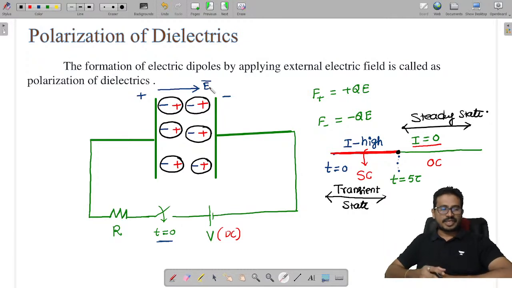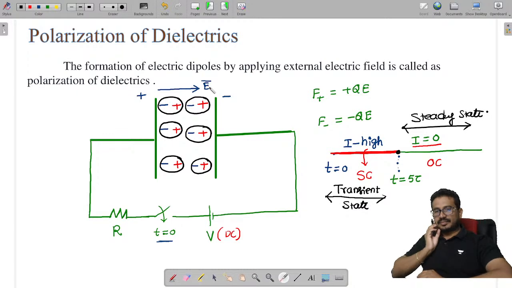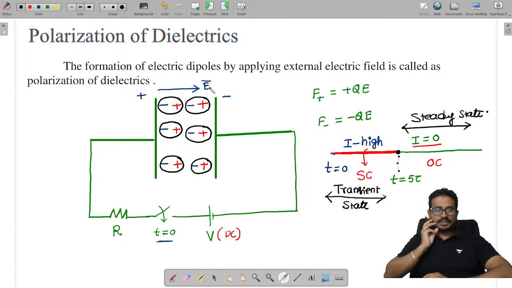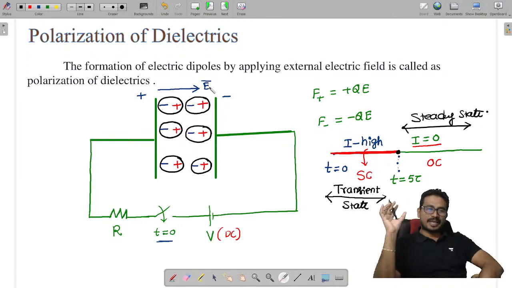That's why charge movement takes place. Is it fine, all of you tell me? Now you understand this. This is the actual mechanism of the working of a capacitor.